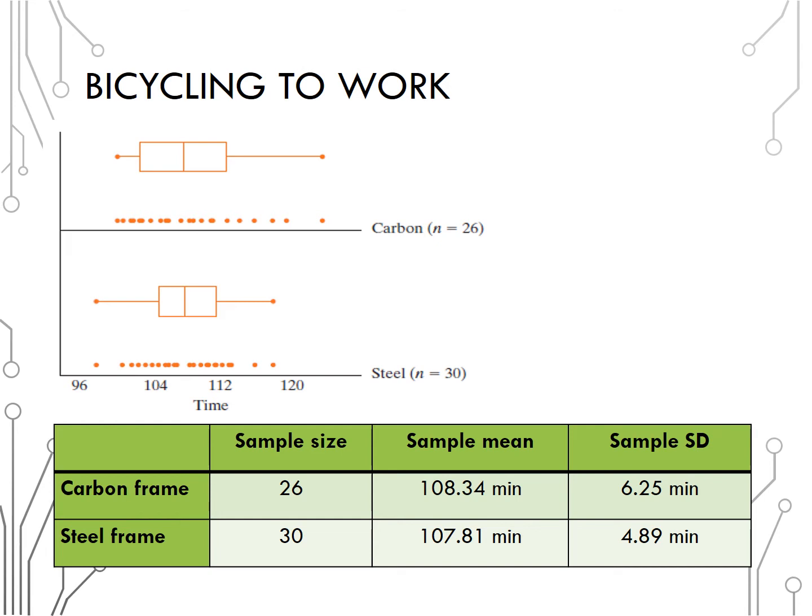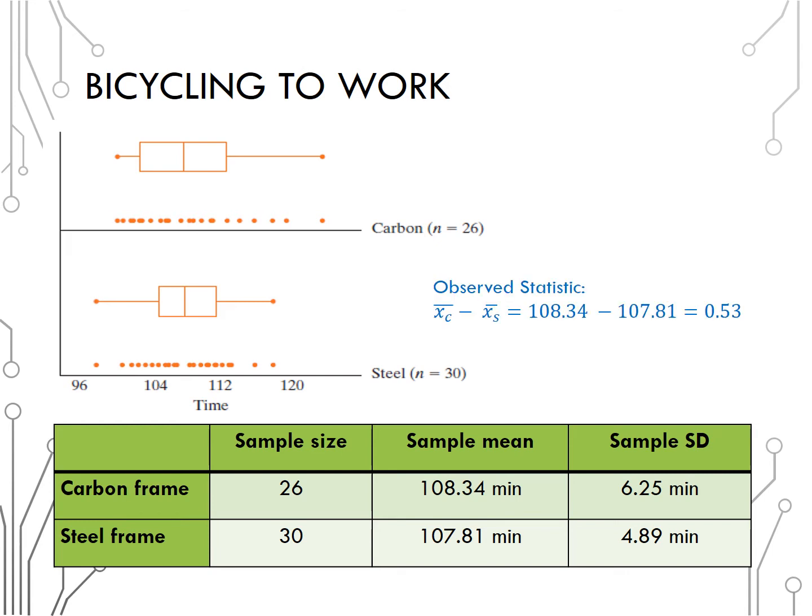How about the notation for each value in the table? If we use the same informative subscripts as before, C for carbon, S for steel, we would have n_C equals 26, x̄_C is 108.34, s_C is 6.25. n_S is 30, x̄_S is 107.81, and s_S is 4.89.